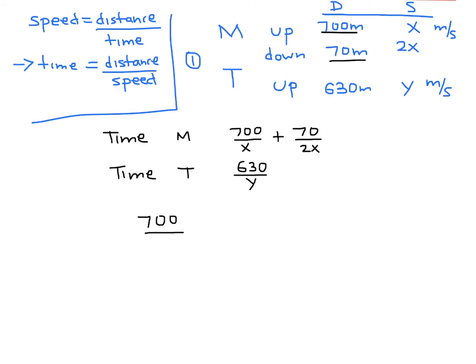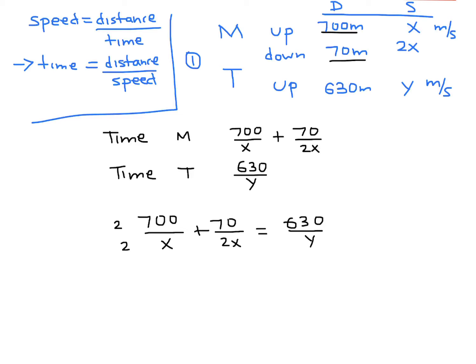So we got 700 over x plus 70 over 2x is equal to 630 over y. All right, this looks like a common denominator is going to be 2x. So multiply top and bottom by 2. So this becomes 1400 plus 70 all over 2x.